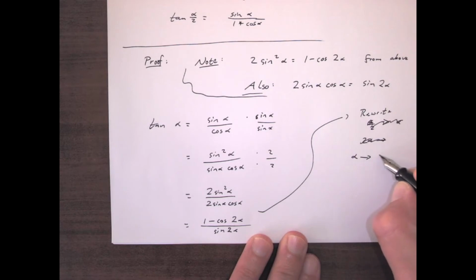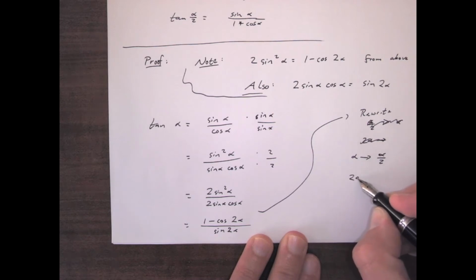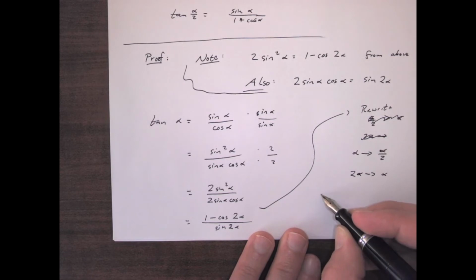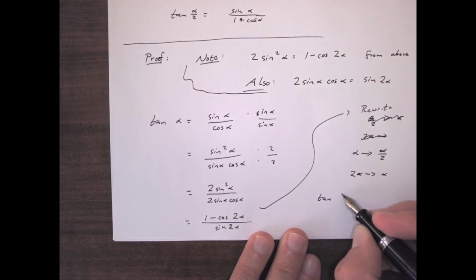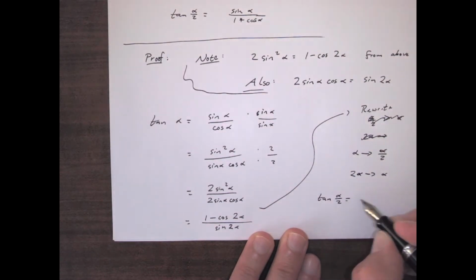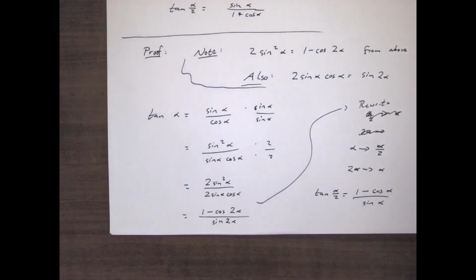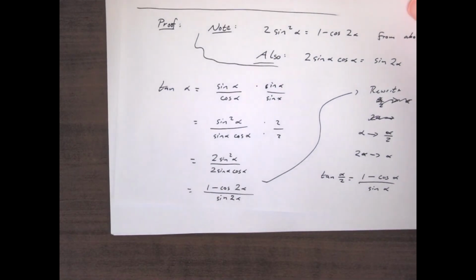Alpha becomes alpha over 2, 2 alpha becomes alpha. Then we get tan alpha over 2 equals 1 minus cosine alpha over sine alpha. Now that's one of the two.